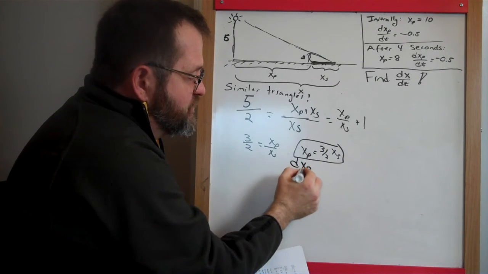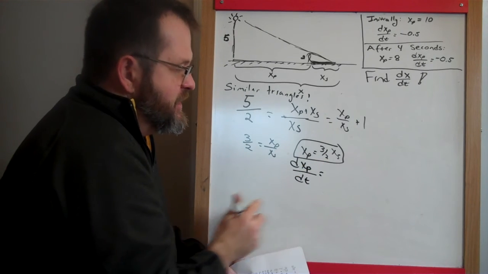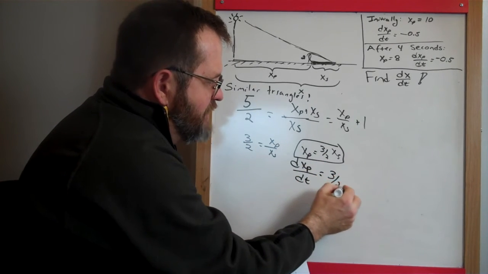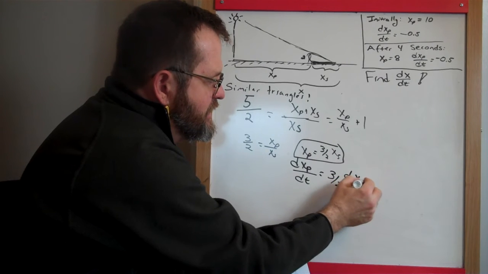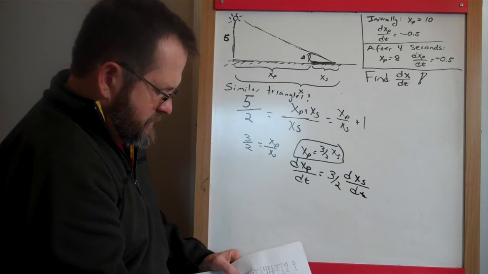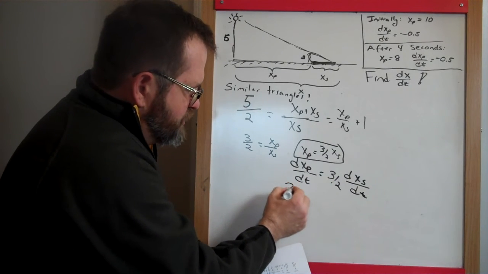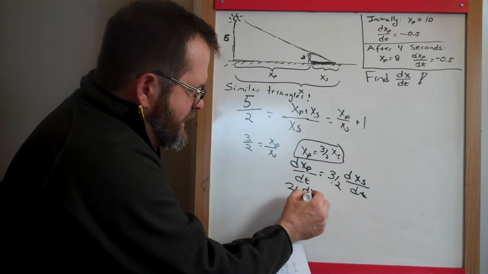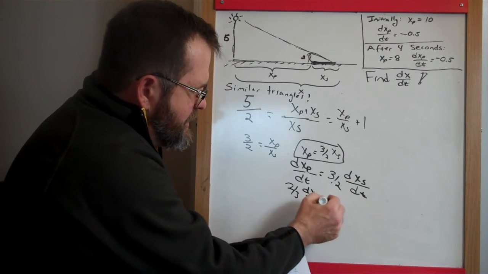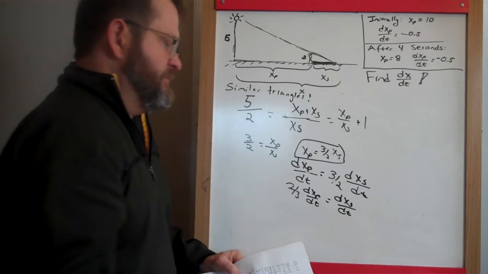Change in the position of the person with respect to time, we'll just take the derivative of this left-hand side here, is equal to 3/2 times the change in the length of the shadow with respect to time. Let's just pull this 3/2 over to the other side and make it 2/3 dxp/dt equals the change in the length of the shadow with respect to time.